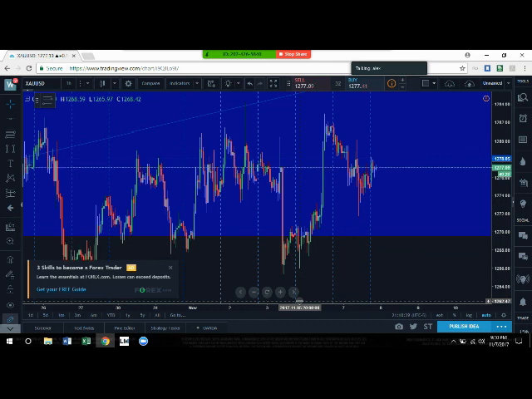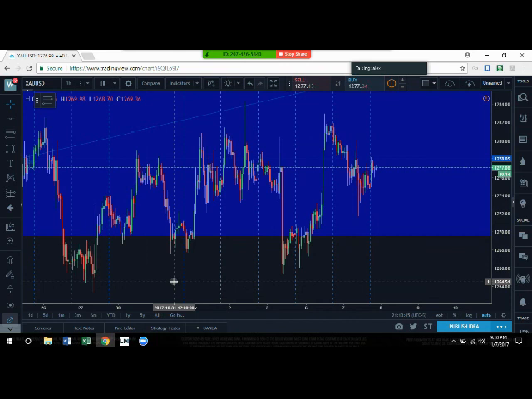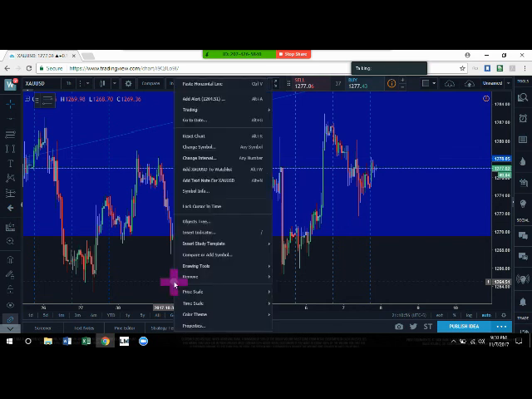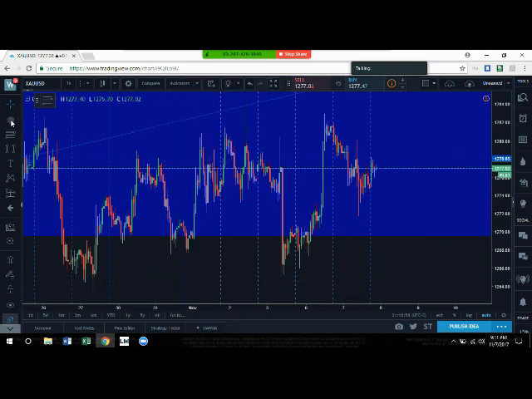So if you want to set something, basically you create a line. Double click on it. Go to style, and this is where you can change the line color, the thickness of it. You can have it show the price or show a text.